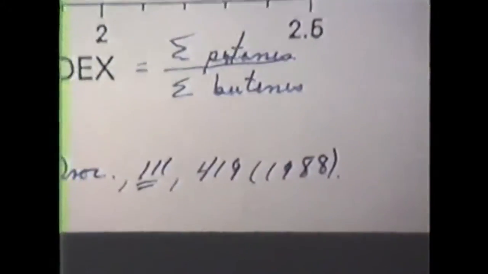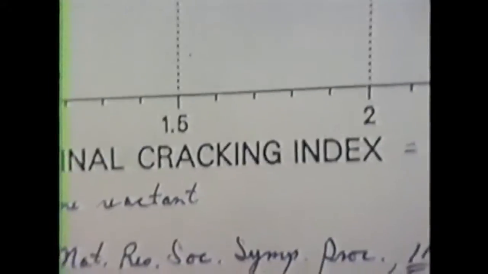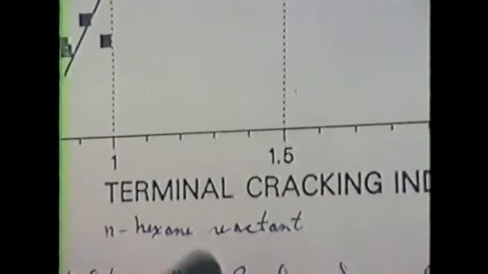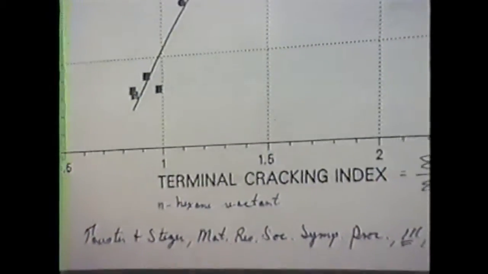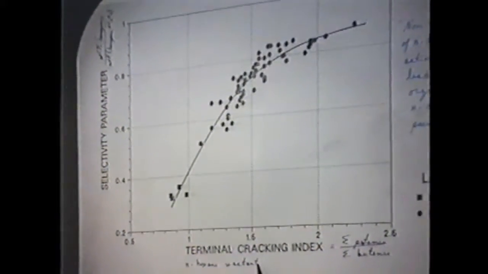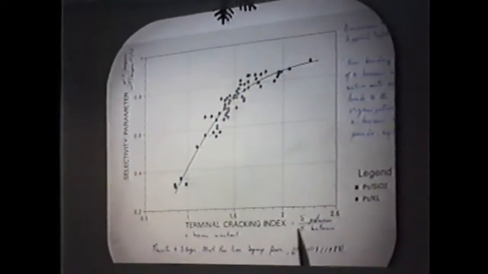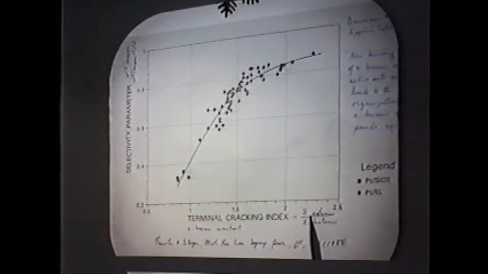What's being plotted here is what they call a selectivity parameter. It's the weight percent of benzene over benzene plus the cracking products C2 to C5, against what they call the terminal cracking index. The terminal cracking in hexane is the reactant. The terminal cracking index is the sum of the cracking products, hydrogenolysis products that are pentane, or the sum that are butane.